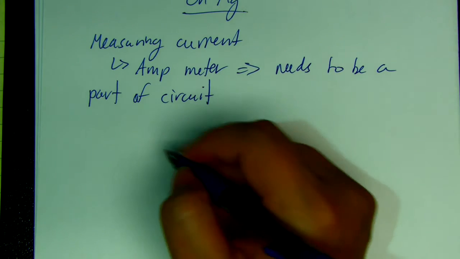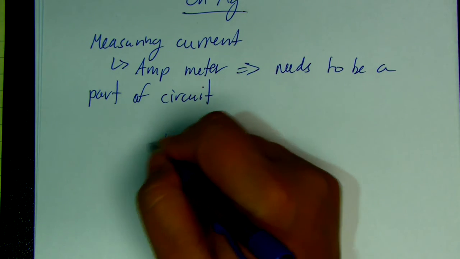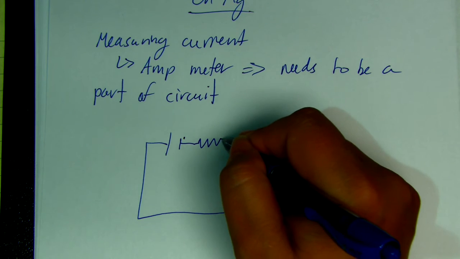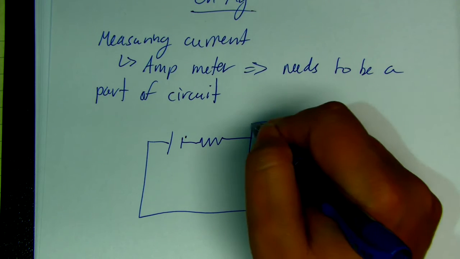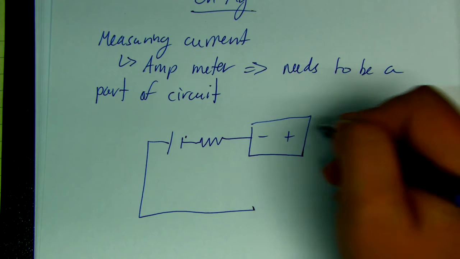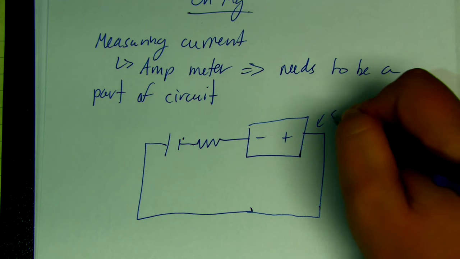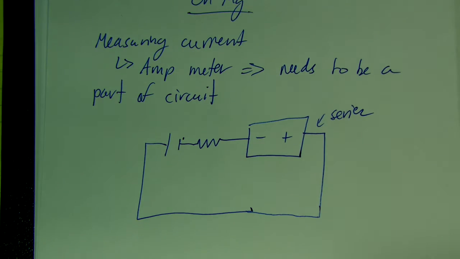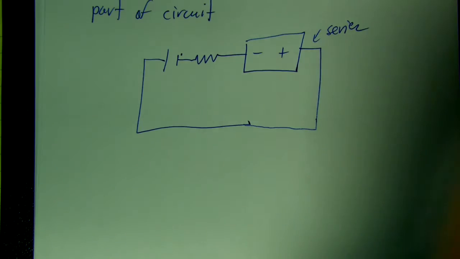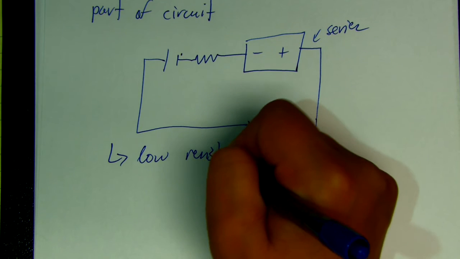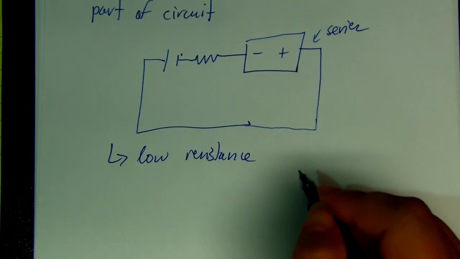And so essentially, if you've got, here's your current or your circuit, then you'd want to have your ammeter in series. Now, to get an accurate measurement, ammeters need to have low resistance, so they can't change anything about the circuit.